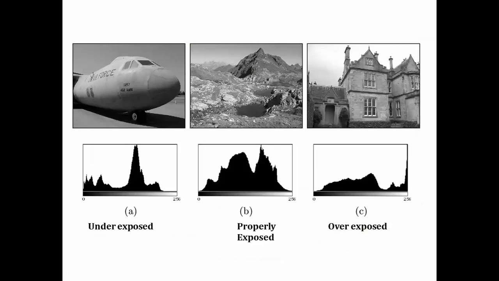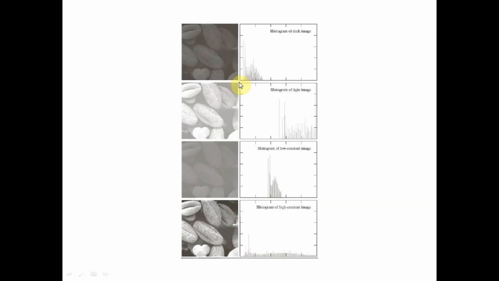If the maximum of the histogram lies nearer to 0, it will give you a dark image, because in the intensity axis we consider 0 as dark, that is black, and L minus 1, the final value, as the brightest, that is white. So 0 represents black, L minus 1 represents white. If you have the maximum histogram nearer to 0, it will be a dark image.